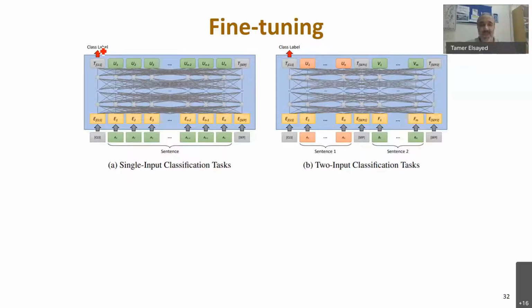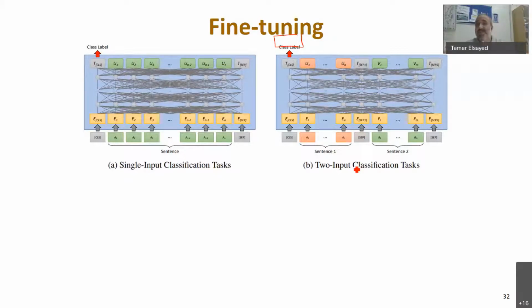Same thing as before, you will have a classifier here that you will need to train. What kind of tasks is that? As an example, if I want to know whether one sentence is a paraphrase of the other one, these two sentences actually mean the same thing, but one is a paraphrase of the other.